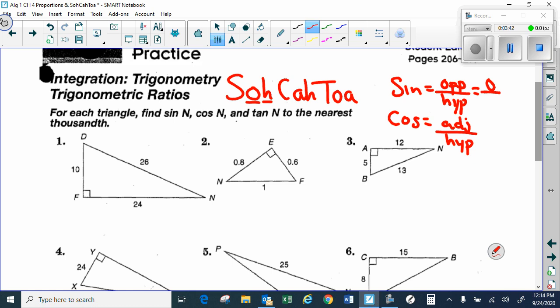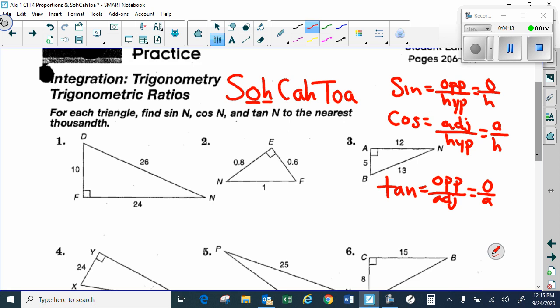So here's your O over H, here's your A over H, and lastly, tangent equals opposite over adjacent, which is your O over A, and that's how we get our SohCahToa. The capital letters are the trig functions themselves, and the lowercase are the ratio for that trig function. So sine equals opposite over hypotenuse, cosine is adjacent over hypotenuse, and tangent opposite over adjacent.